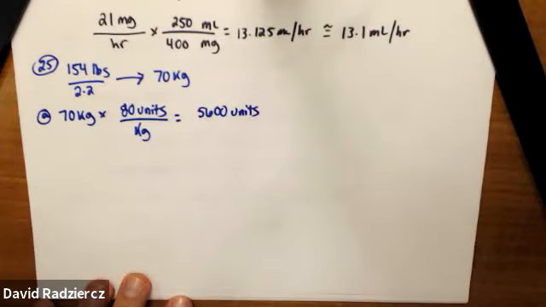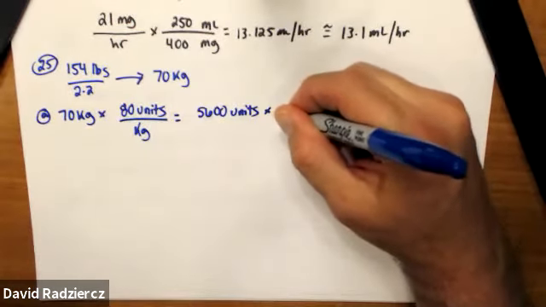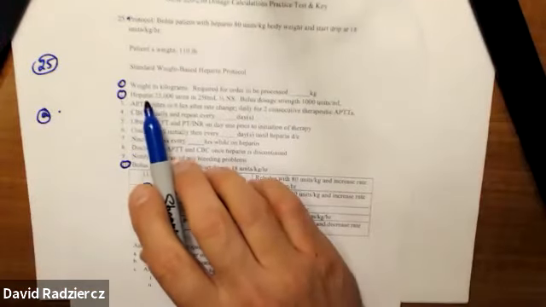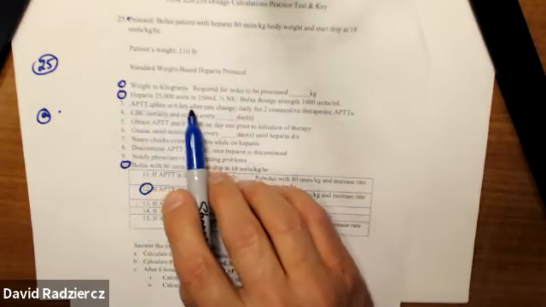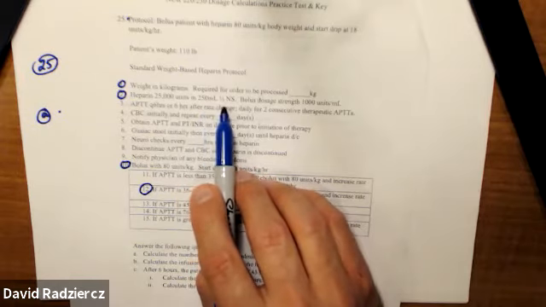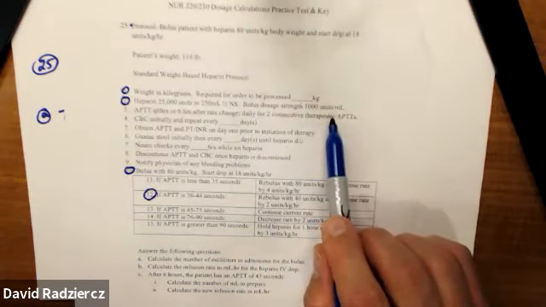Now, if the question asked how many units to bolus, we'd be done, but it says how many milliliters. So I want to go into my protocol, and in step 2, it tells me there are two pieces of important information: I have an IV available of 25,000 units of heparin in 250 milliliters half normal saline, and I also have a bolus dose of 1,000 units per milliliter.